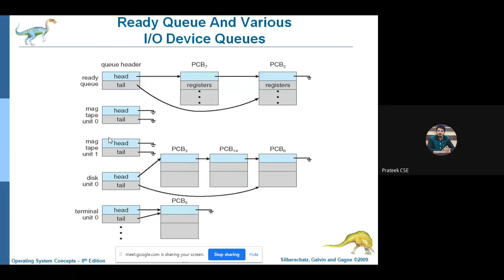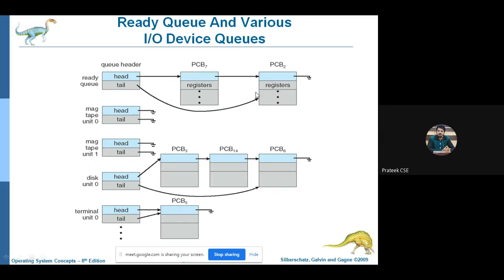So this is just a picture of the various ready queue and the input output device queues. As I have just mentioned, in the operating system each process is represented by its process control block, and every process consists of some associated information. You can see this is process 7, this is process 2, and this is the process control block for all the processes which are currently in the system.